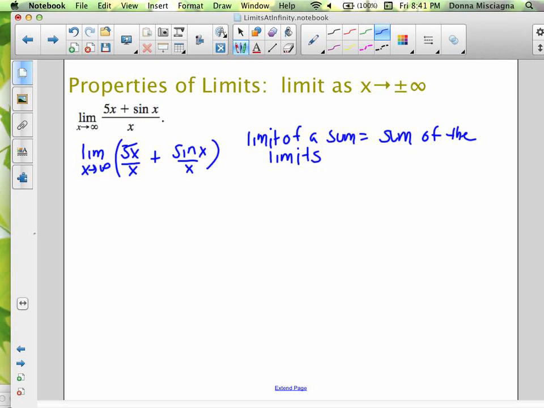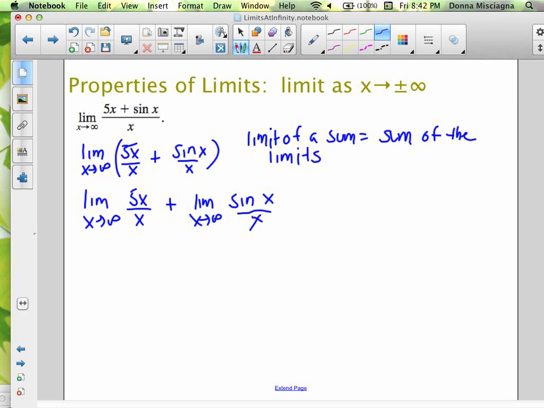Right? So I can split this into two limits: the limit as x approaches infinity of 5x divided by x plus the limit as x approaches infinity of sine x divided by x. All right, so now let's calculate each limit separately and combine them together for the final limit.